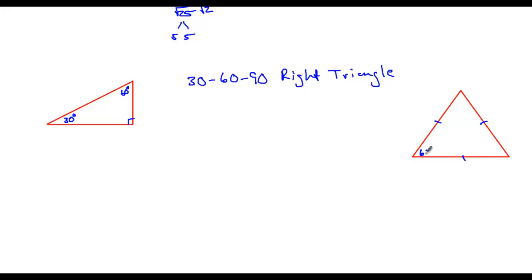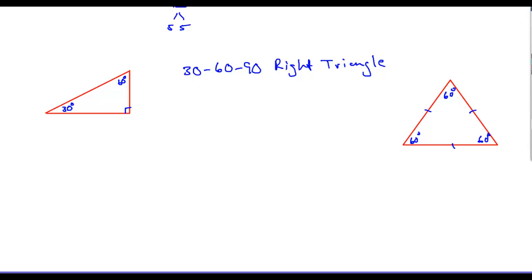And you know that this is 60, 60, and 60 degrees, right? Well, if I split it in half, just like this, I would basically create this triangle.